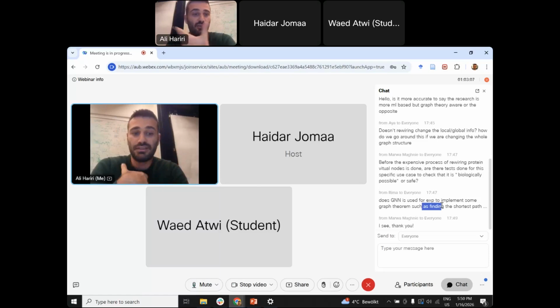They can be trained to do that, and I can refer you to some papers by a Lebanese guy as well. It's like a shortest path neural network, for example, and you train the GNN specifically to find the shortest routes. There are some people at DeepMind working on this, like graph algorithmic reasoning, and so on and so forth.